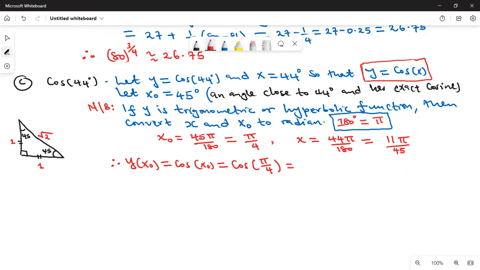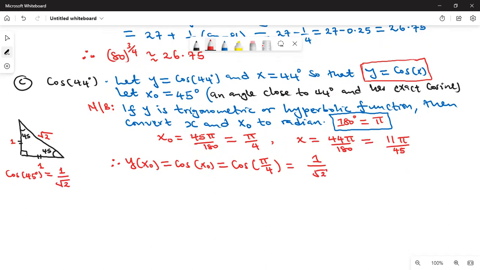So from that triangle, cos 45 is adjacent, which is 1, over hypotenuse, which is root 2. So which is the same as cos pi over 4. So the answer is 1 over root 2.